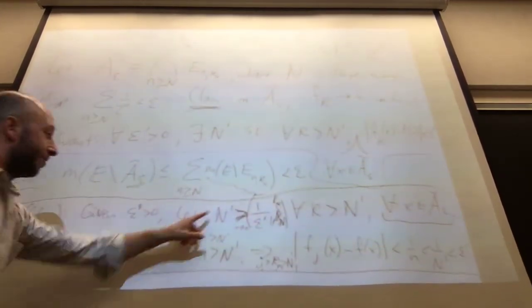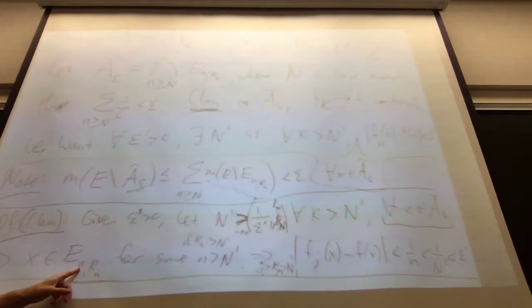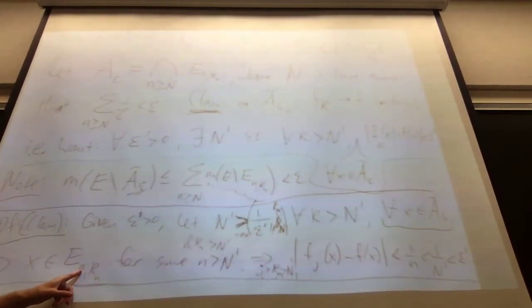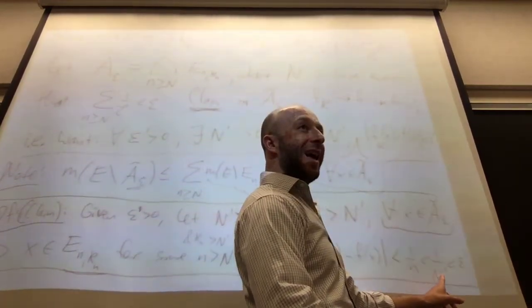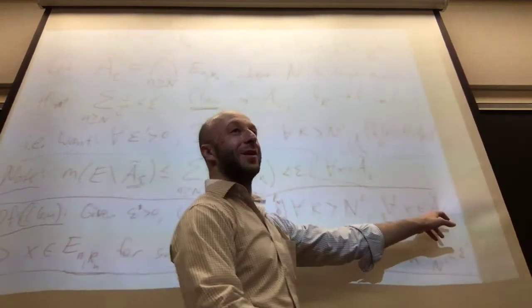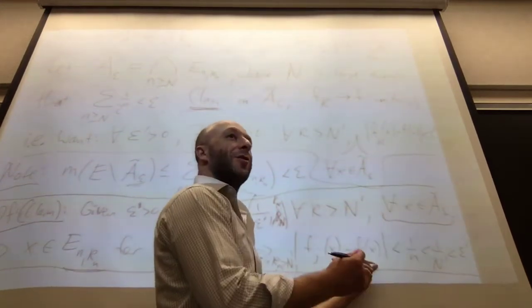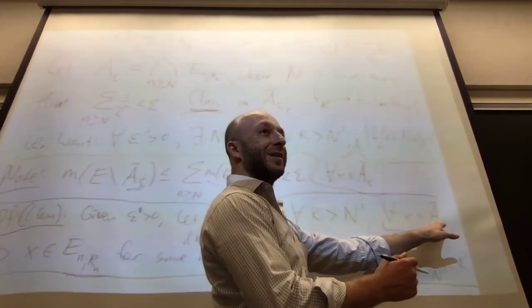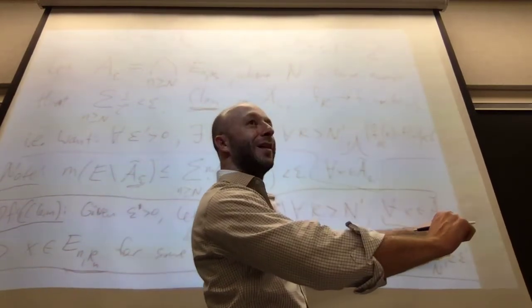So I can't just set big N prime to be big N, because that will only guarantee me a size 1 over n, and n isn't moving. N determines the set 1 over epsilon. I need to be able to make this difference smaller and smaller without changing this set.